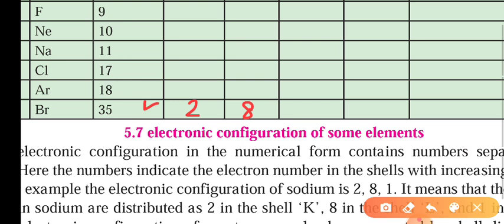Here 18 can be there. So 25 minus 18, 7. So the last shell will have 7. So this is the electronic configuration for bromine. And while writing, we will write 2, 8, 18, 7.